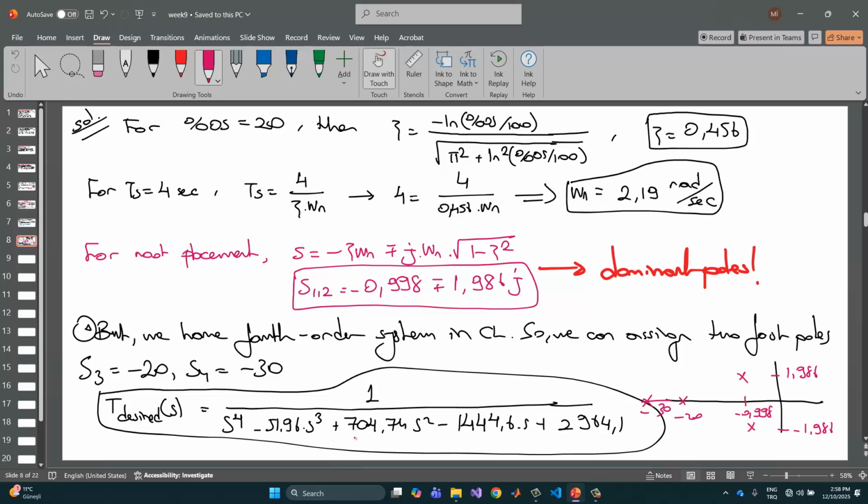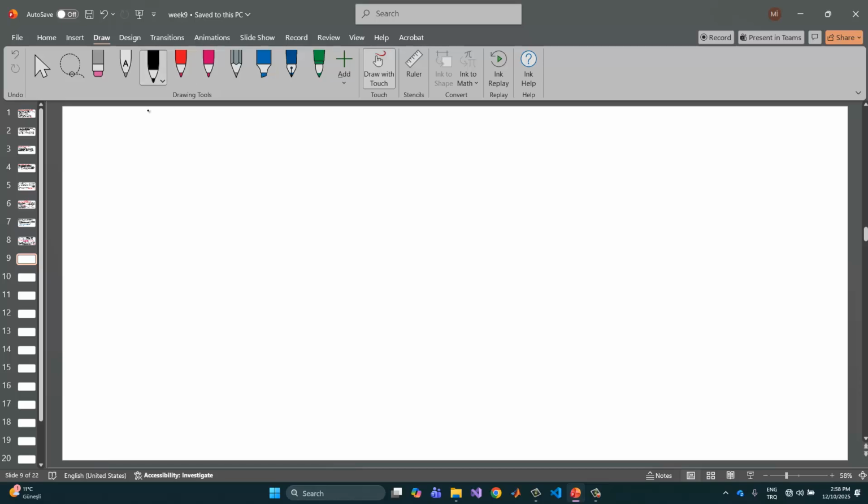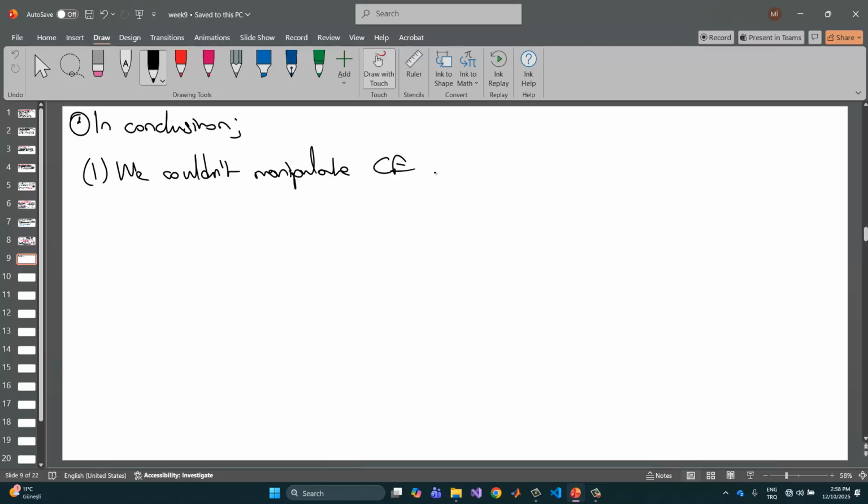But we have a problem in here. We cannot reach every state in here, because, just see that, in conclusion, first, we couldn't manipulate the characteristic equation, the denominator of the transfer function, using PID in here, right? Because we have the plant part in here.